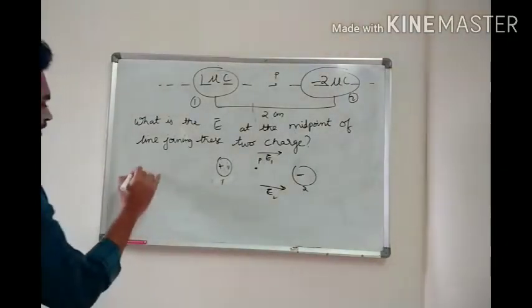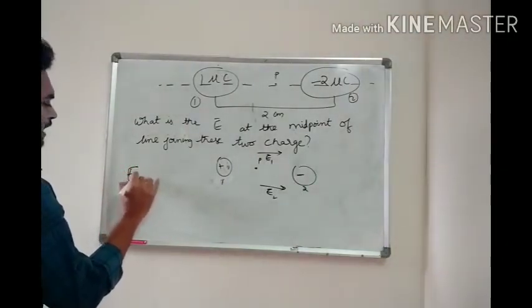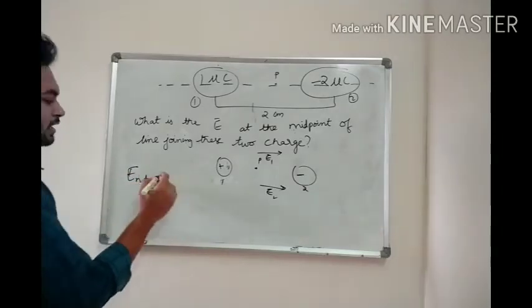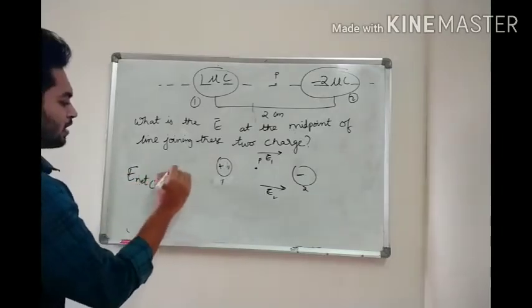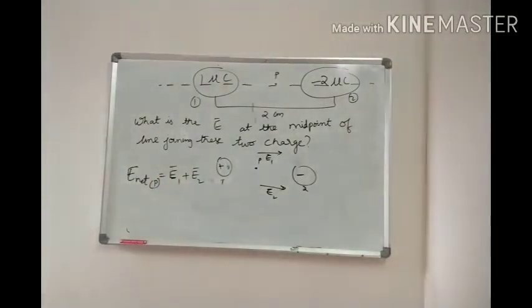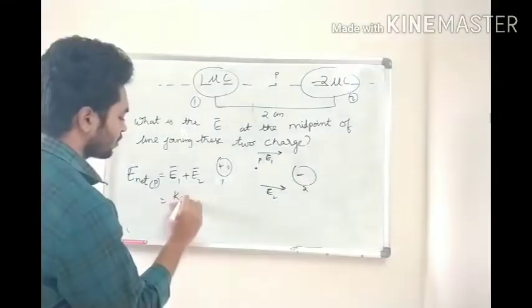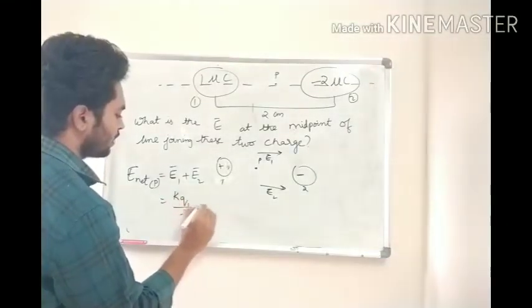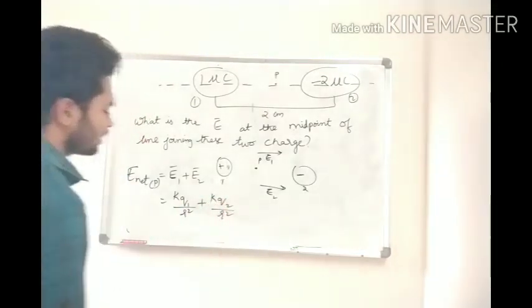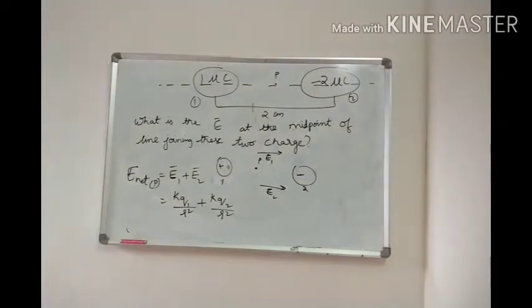Now with the principle of superposition, E net at P, the total electric field at P, is E1 bar plus E2 bar. Now what is E1 bar plus E2 bar? We have seen K Q1 by R square plus K Q2 by R square. Now what is K? Substitute the values and try to solve it.